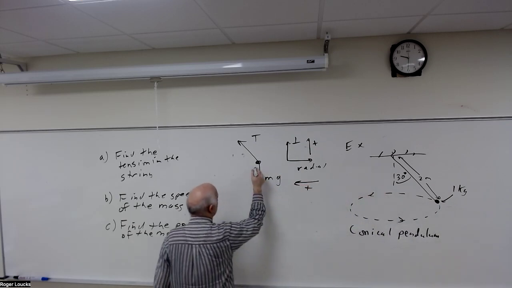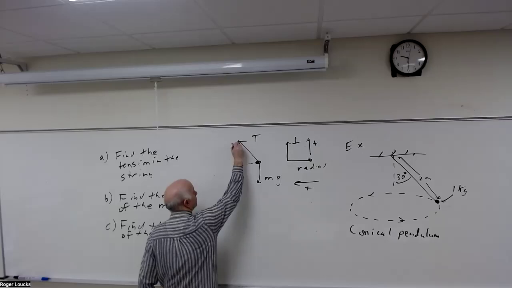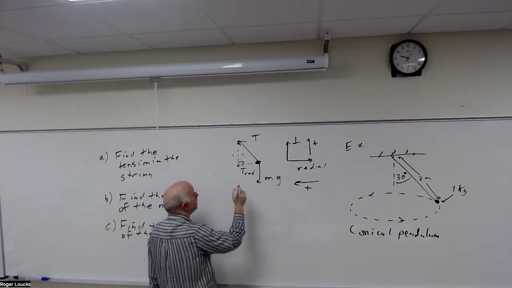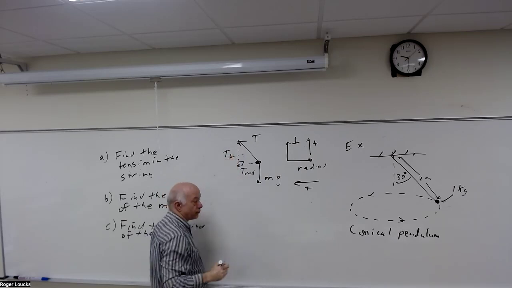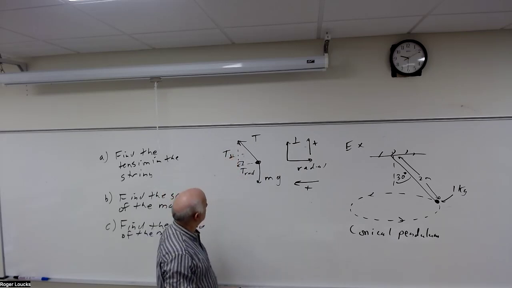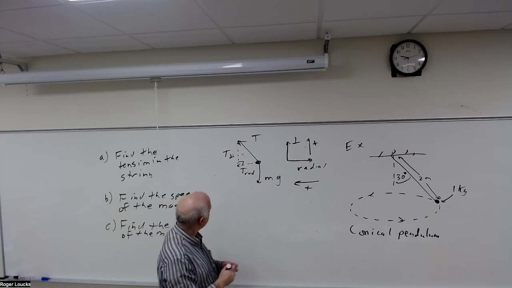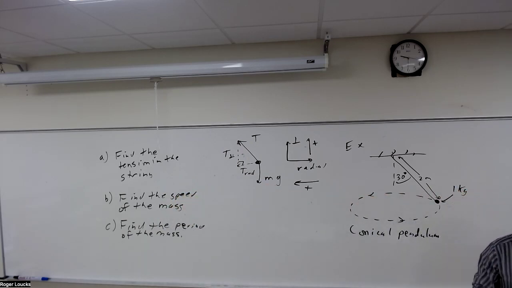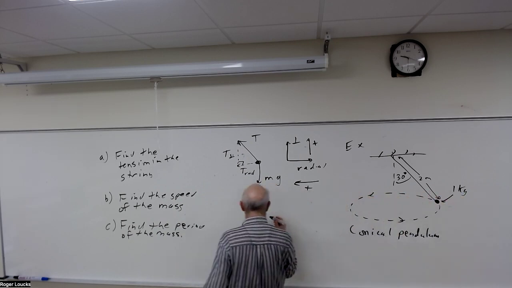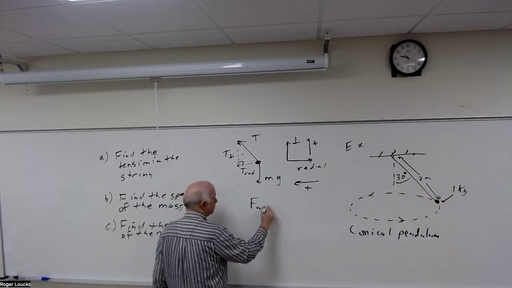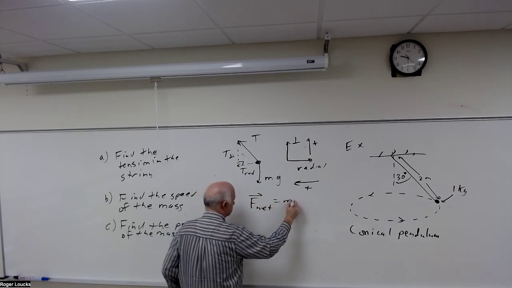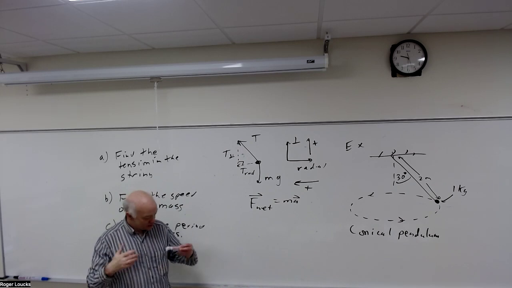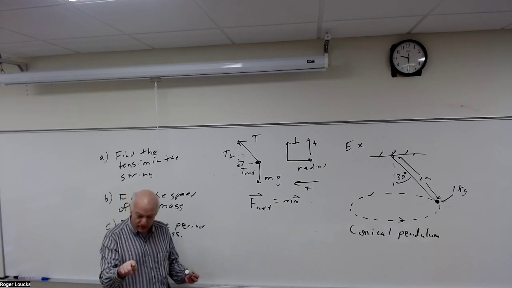So what can we do? I can break this up like this. For components, this I'm going to call T rad for T radial. This I'll call T perpendicular for the perpendicular up there. Okay. What do I write next? F net equals MA. Say it right.